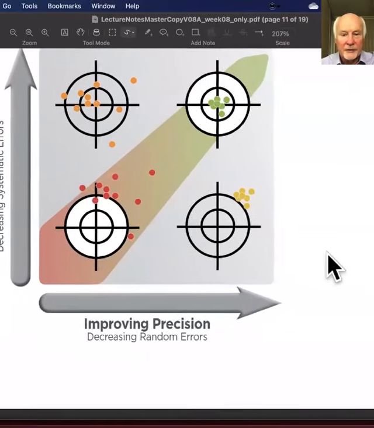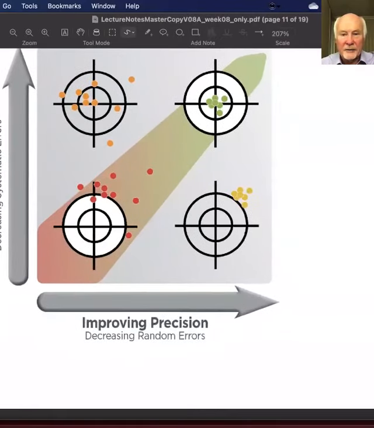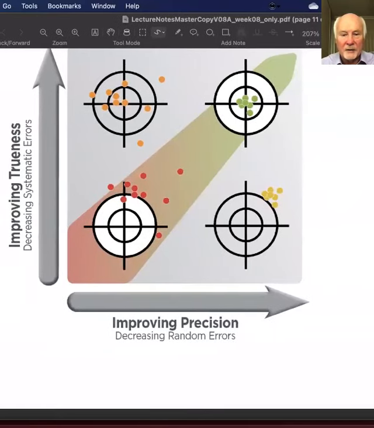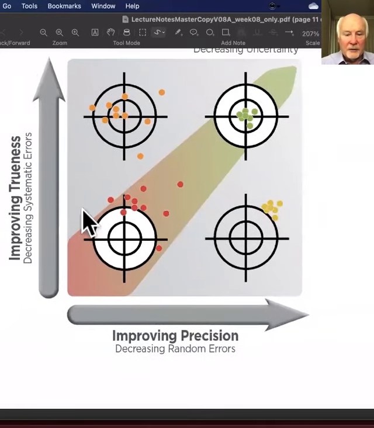There's a little diagram here. This sort of diagram is commonly used to illustrate these two concepts. You imagine somebody shooting at a target or throwing darts at a target. In the bottom left-hand corner you have low precision and low trueness.